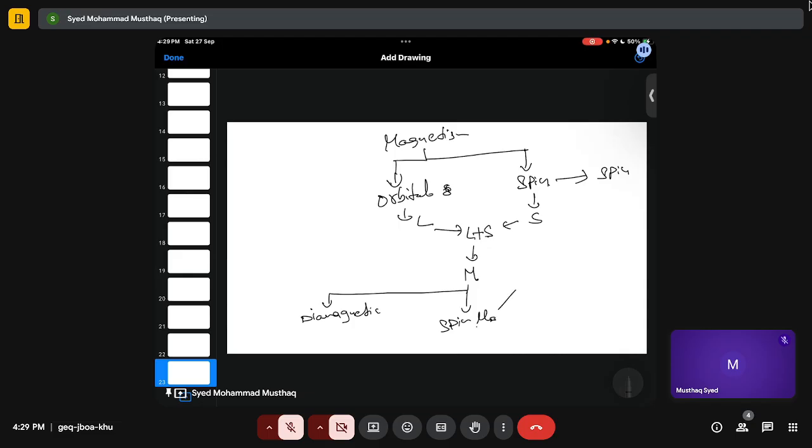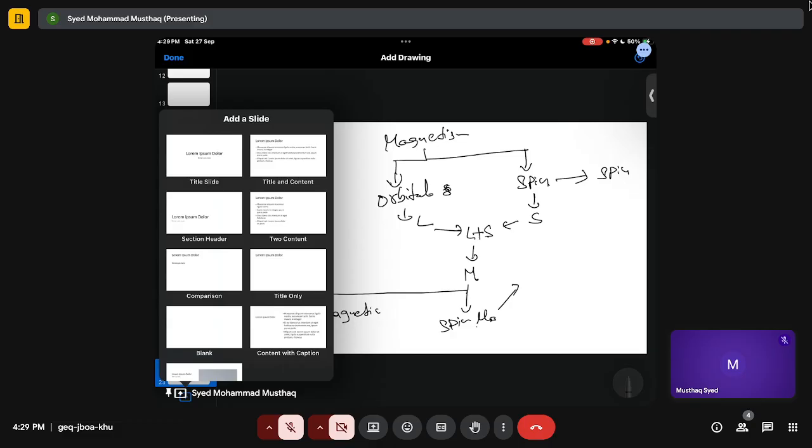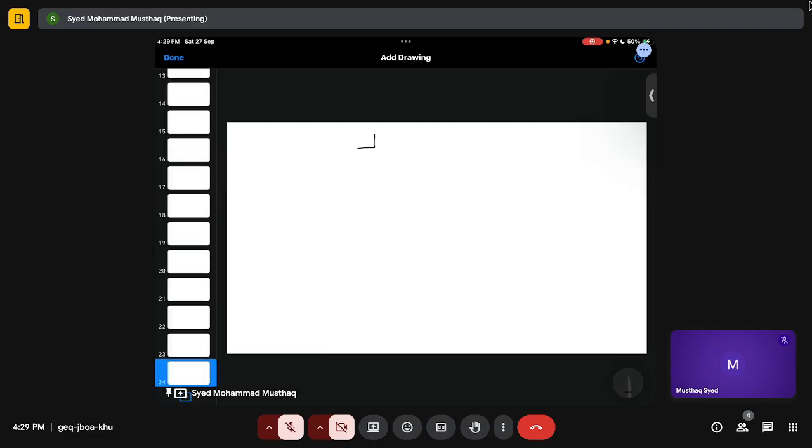if spins do not interact, so one thing I have. Now, if my spins do not interact, then I have paramagnetic.